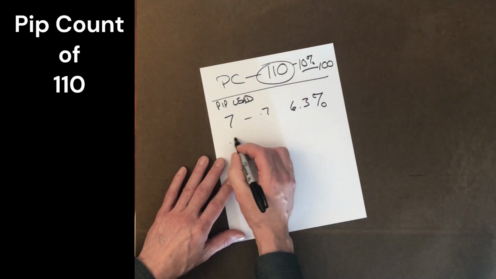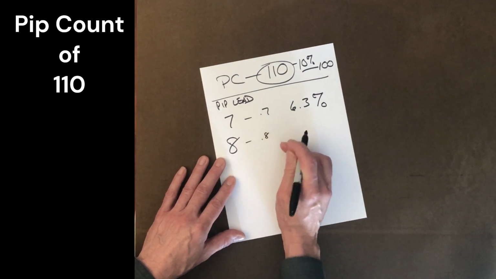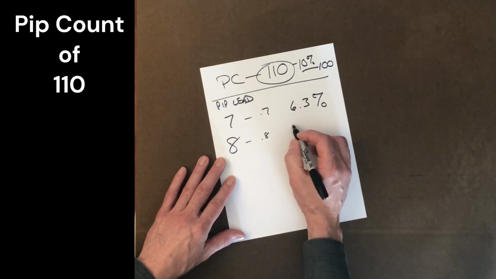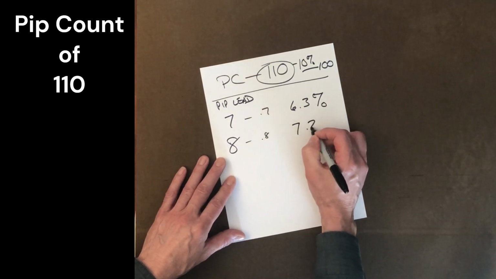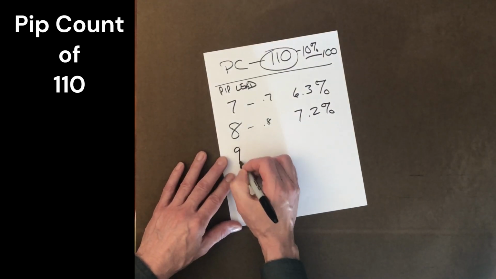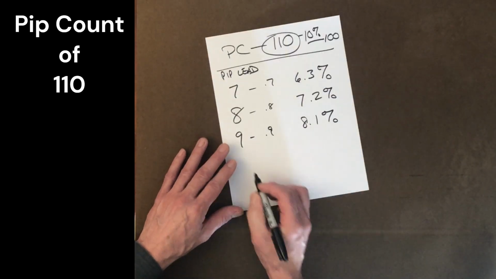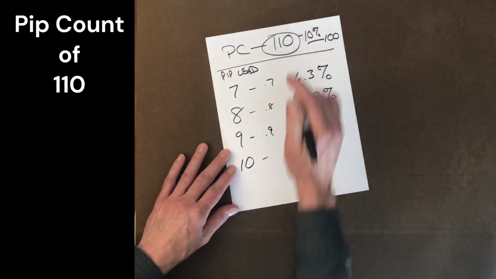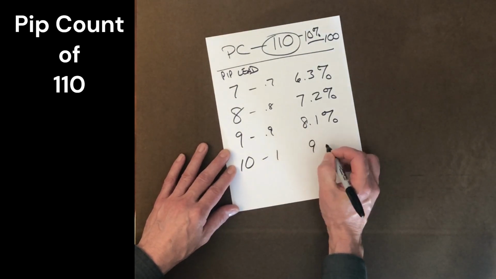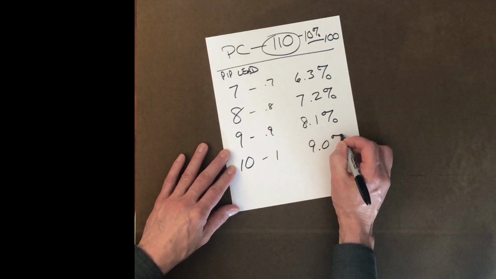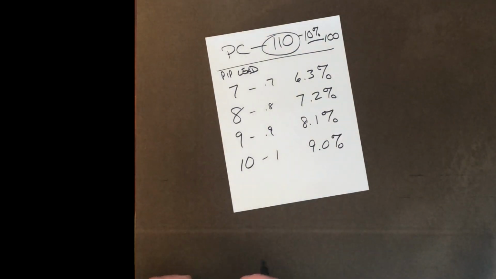Easy. Pip lead of 8 minus 10% brings us to 7.2%. Pip lead of 9, 0.9 gives us 8.1%. Pip lead of 10 minus 10%, 9%. And you can continue with these numbers.